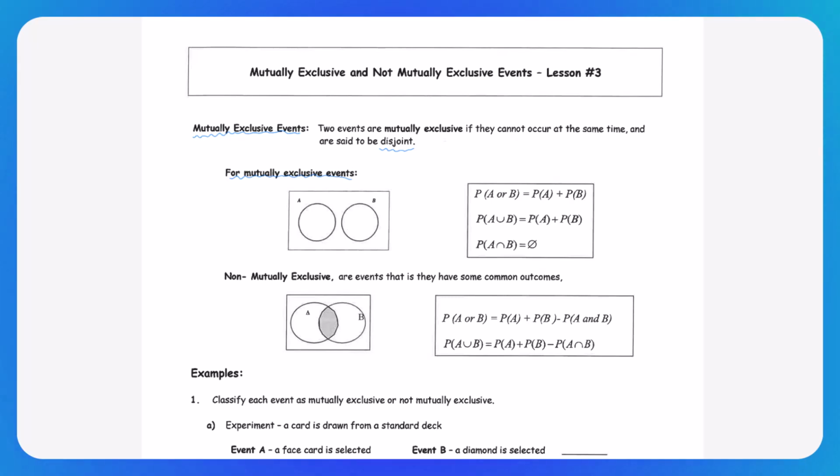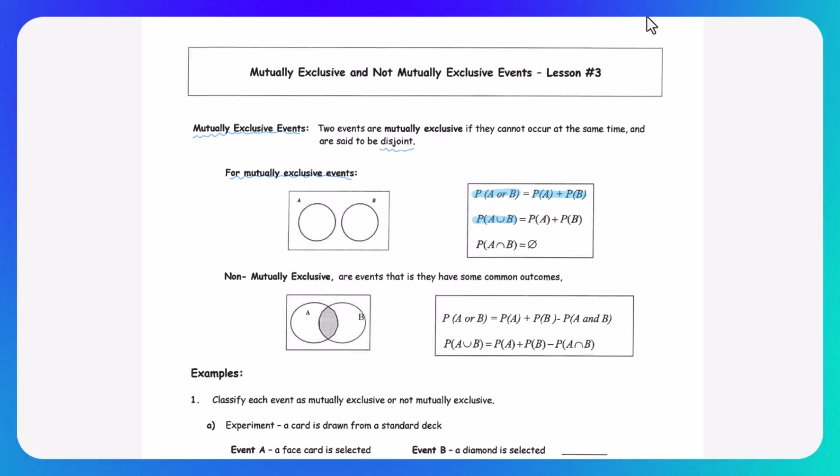So when we look at the probabilities of mutually exclusive events, we see that the probability of A or B equals the probability of A plus the probability of B. And we know that the probability of A or B is really just the union of those two.